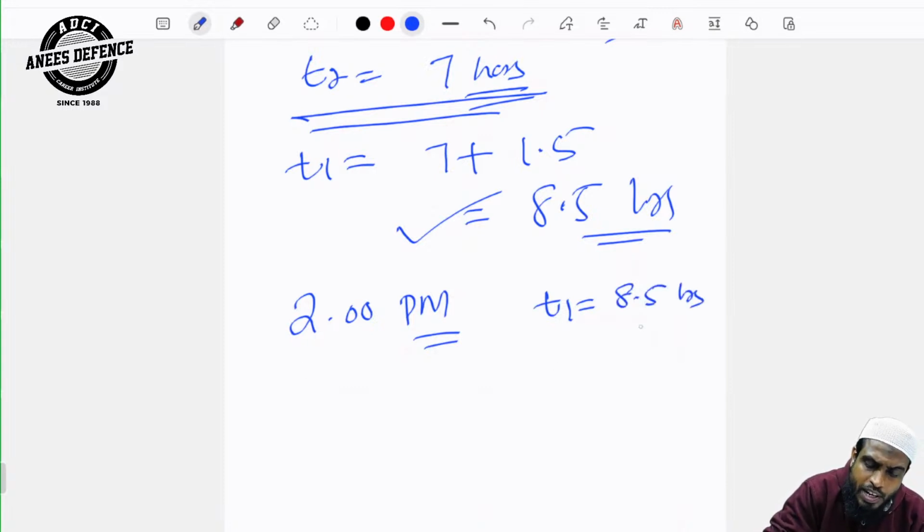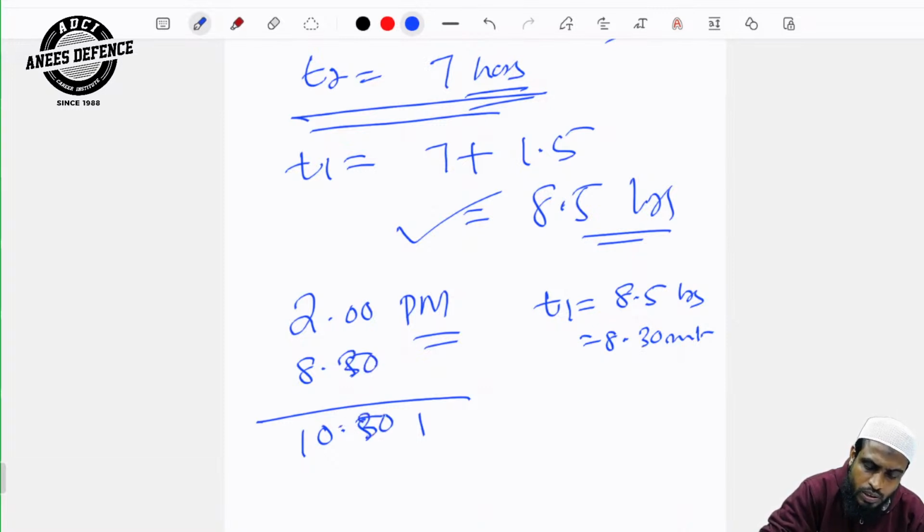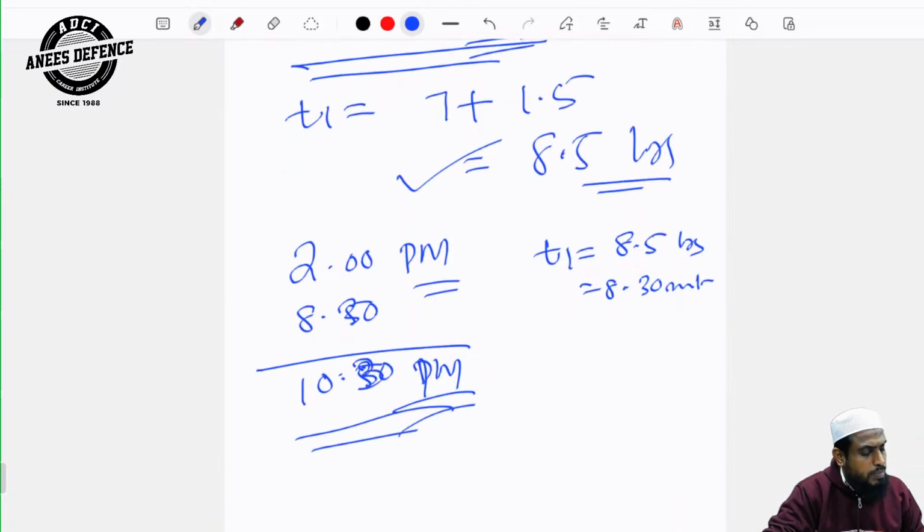So if you add 8 hours and 30 minutes to 2 p.m., you will get 10:30 p.m. So the answer will be 10:30 p.m. Even though they started at 2 o'clock and 3:30 p.m., at night 10:30 p.m., both trains will meet each other. So the answer will be C, 10:30 p.m. Understood?